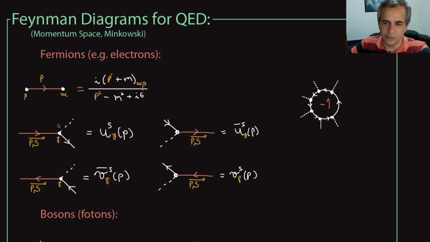And those are the rules for external fermion legs that depend on whether it's a particle going in, an antiparticle going in, or the same two options going out. The spin state of these particles is encoded in this index. And also remember that if your diagram has loops of fermions, you have to remember this minus 1.